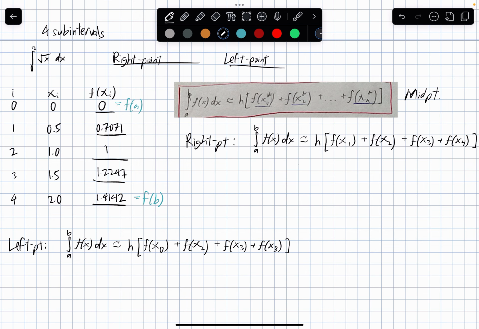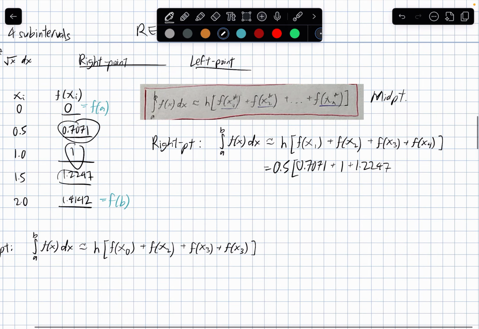So how do we apply that? Right point muna tayo. So height is 0.5. F of x sub 1 is ito, no? 0.7071 plus f of x sub 2, that is 1. And then 1.2247.